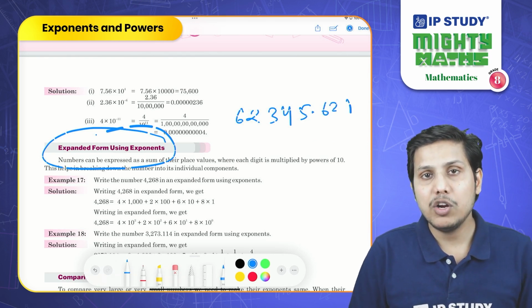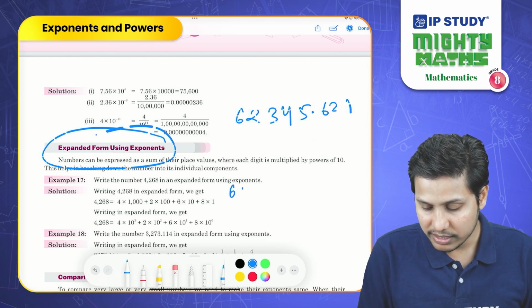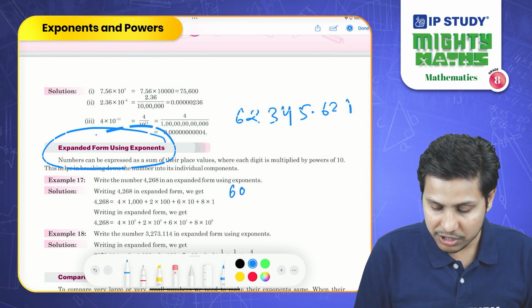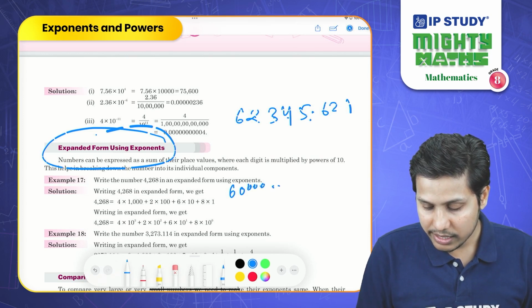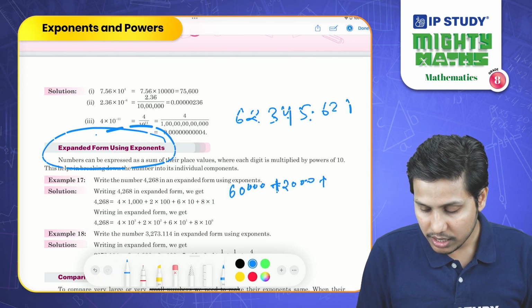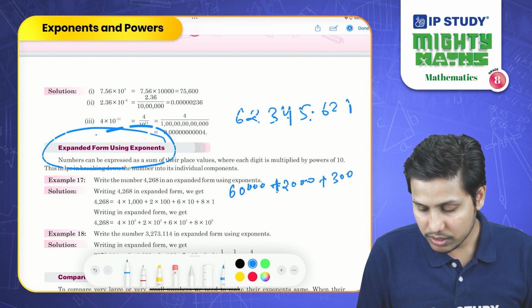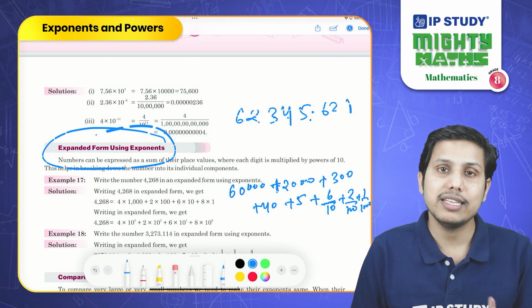Now if you want to represent it using expanded form, first of all write its expanded form like this: 6, and how many zeros do we have to write? 1, 2, 3, 4 zeros we have to write, then 3 zeros will be there, then 2 zeros, then 1 zero, then no zeros, then there will be division by 10, then division by 100, and division by 1000. We have already understood it in the decimal expansion.